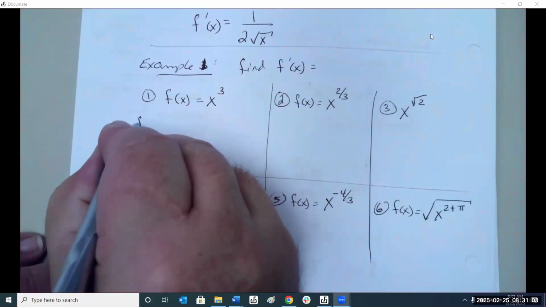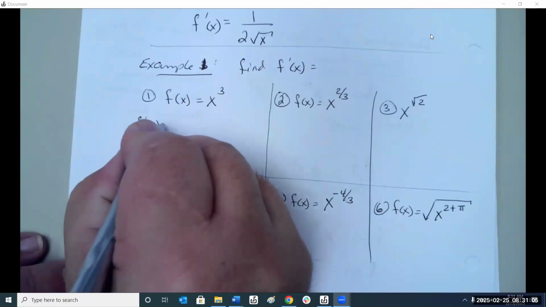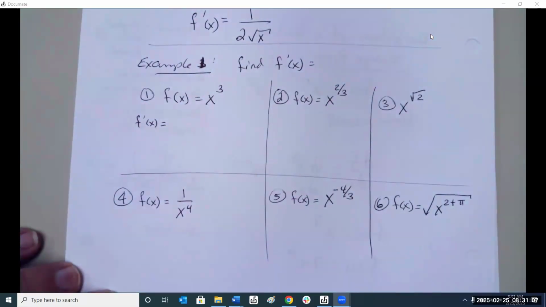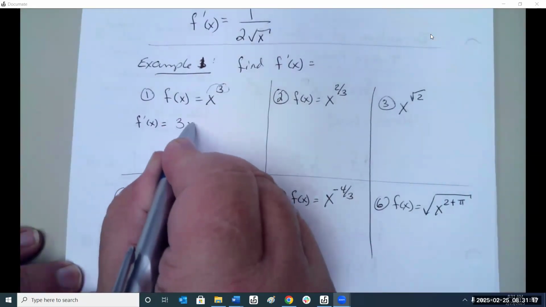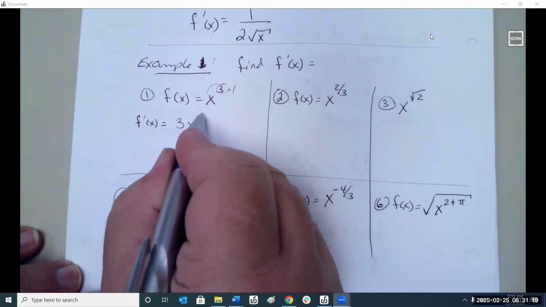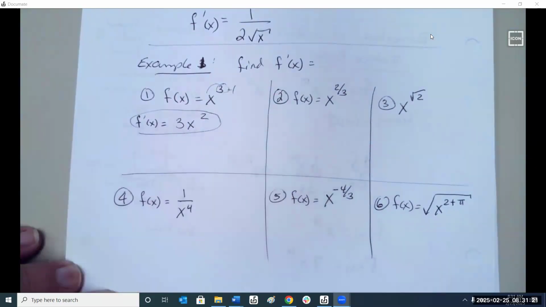So the first one, what do we do there? Yeah, bring the power down and subtract 1. And there's your answer. Same thing with the second one.